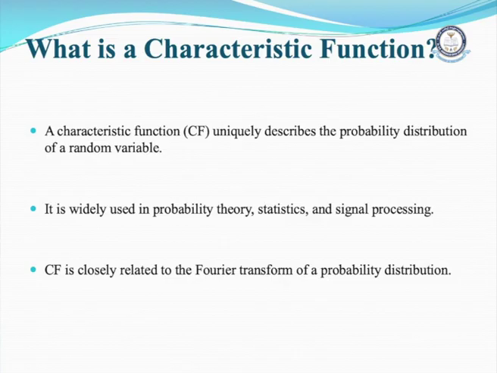In the moment generating function we use M_X(t) equal to the expected value of e^(tX), but here we use i t. In place of t we apply i t, that is the characteristic function, where complex theory is applied.